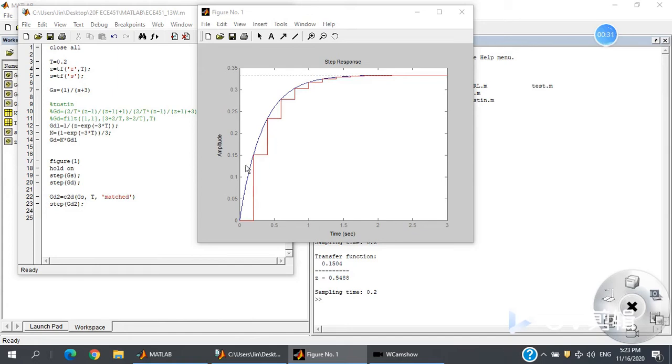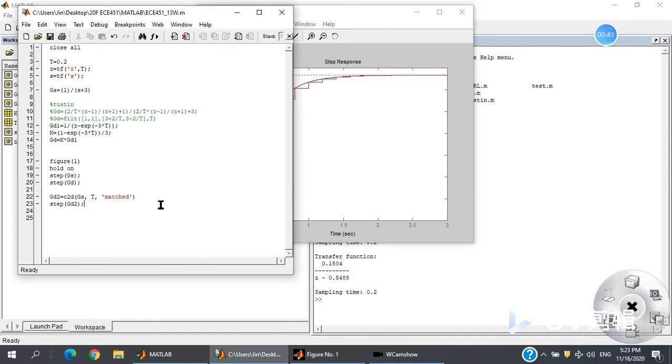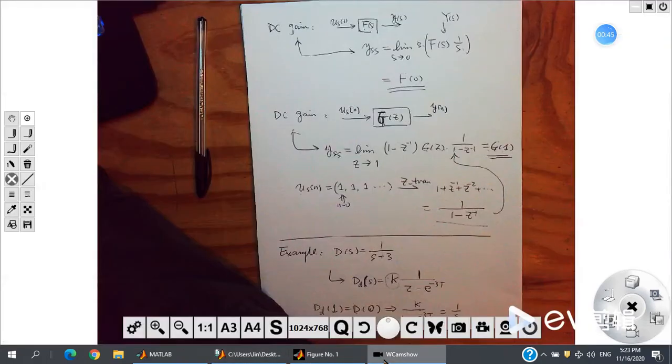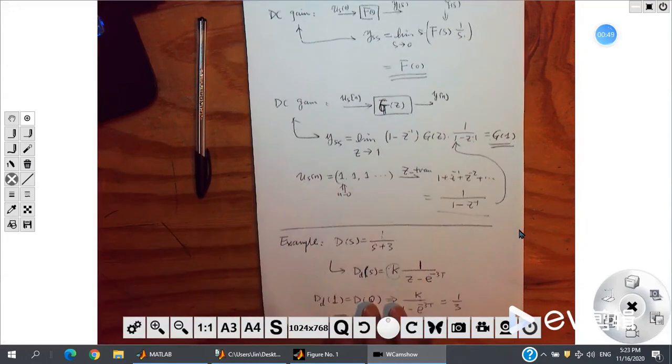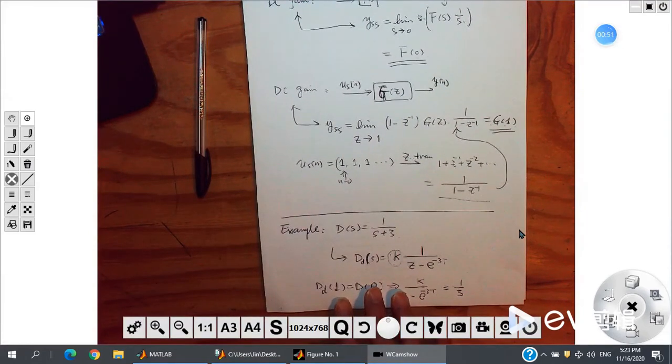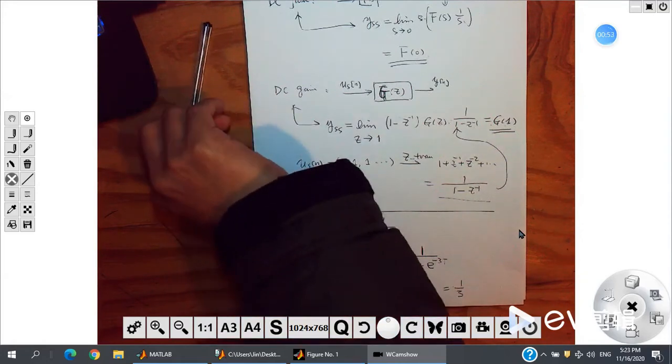But we have two, so they are combined. They are totally same, but they should be different. I think I got something wrong. Am I good? Let me check. Oh, I forgot that. Yeah, sorry.